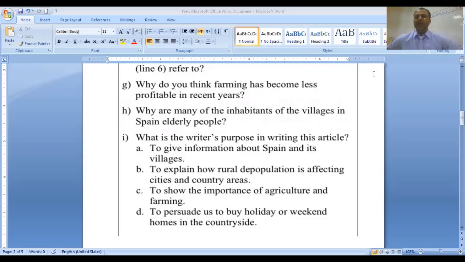B, to explain how rural depopulation is affecting cities and country areas. C, to show the importance of agriculture and farming. D, to persuade us to buy holiday or weekend homes in the countryside. Which of them is the correct answer? If you know the answer, as usual, just raise your hand. I want to know the purpose of the writer in writing this article.